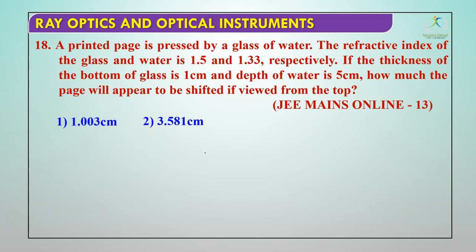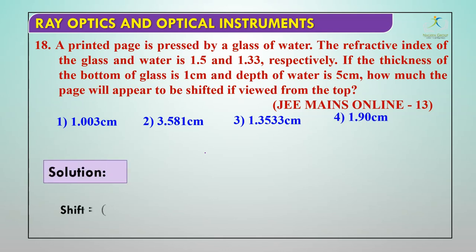Options we have 1.003 centimeter, 3.581 centimeter, 1.3533 centimeter, and 1.90 centimeter. Solution: the shift is equals to (mu minus 1) times t. From that we can say the third option is the right answer.